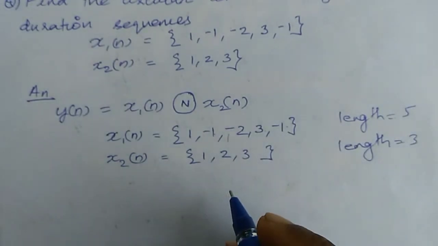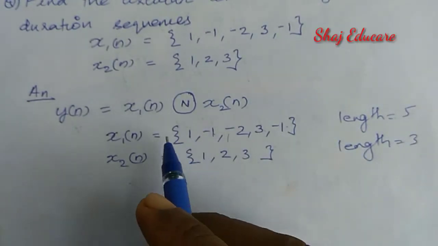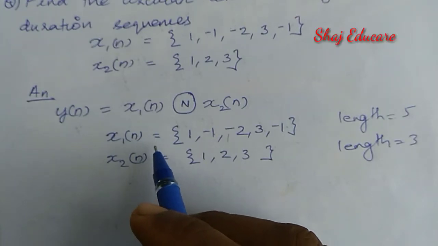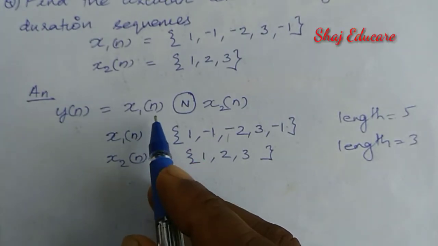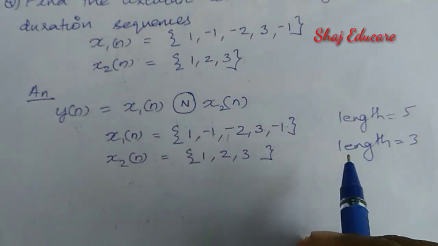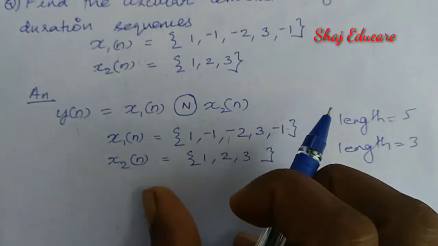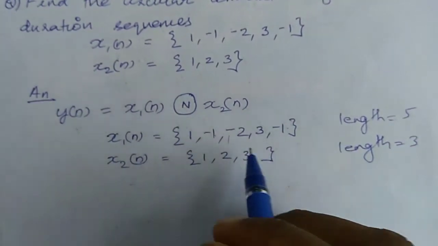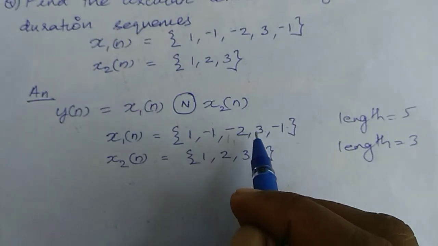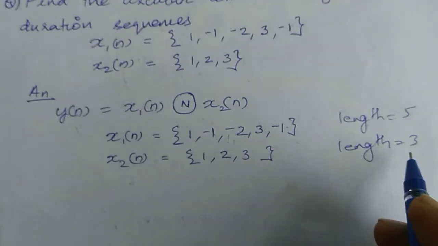In order to perform circular convolution, both signals must be of the same length. Please note that to perform circular convolution between two signals, the lengths should be the same. But in this case, we have a mismatch: the first signal has length 5 and the second signal has length 3.